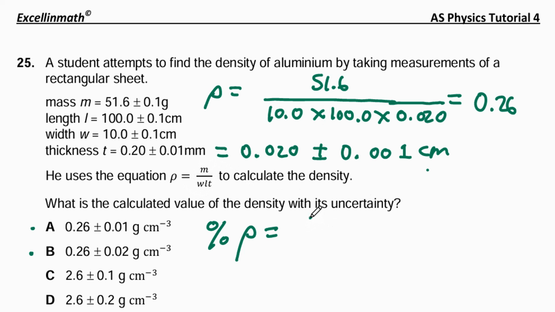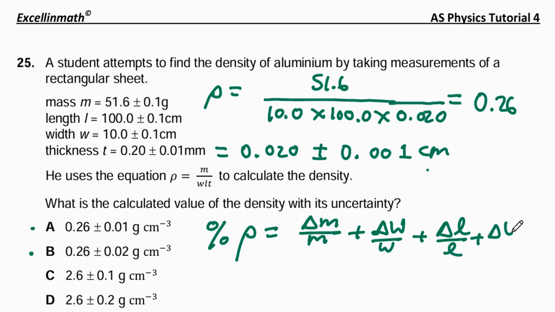So it's going to be delta M over M plus delta W over W plus delta L over L plus delta T over T. And this we must multiply by 100.